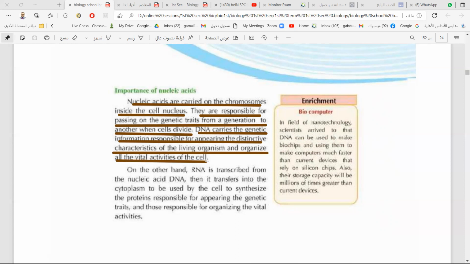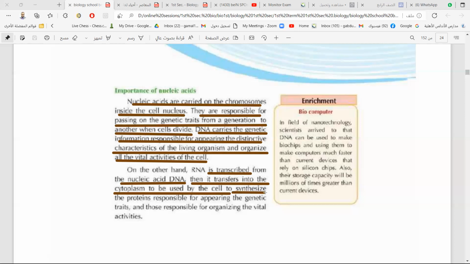The genes or the hereditary characters are found in DNA, and RNA is transcribed from DNA, meaning a copy of DNA. Then it transfers into the cytoplasm. It is made in the nucleus and transferred to the cytoplasm, but DNA doesn't move to the cytoplasm.